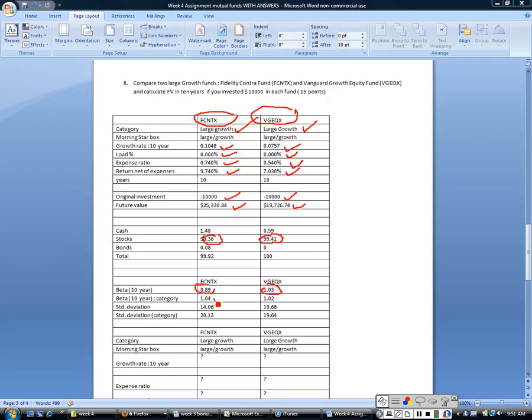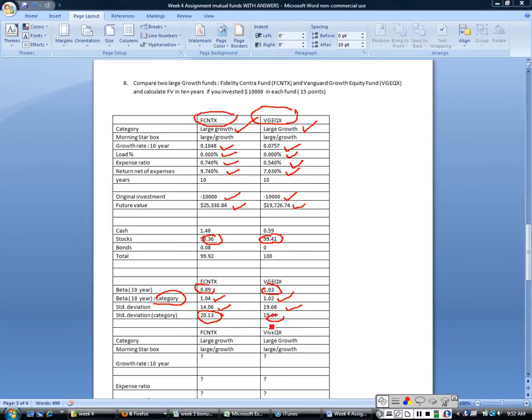Beta over the 10 years is compared to the category, which means typical funds in the same category basically move like the S&P 500. Standard deviation is 14 versus 19.68. Again, the category, which means these kinds of funds, typically has a standard deviation of 20; it is 19.6 in this case.